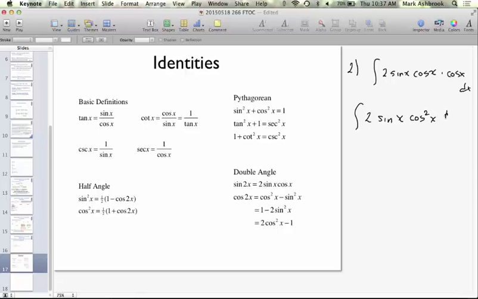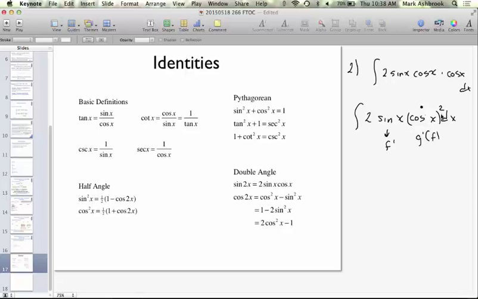And immediately we recognize, what do we have? Undoing the chain rule, because sine is essentially the derivative of cosine. So this is our g prime and this is our f prime.